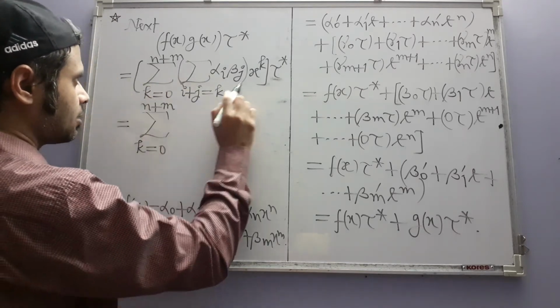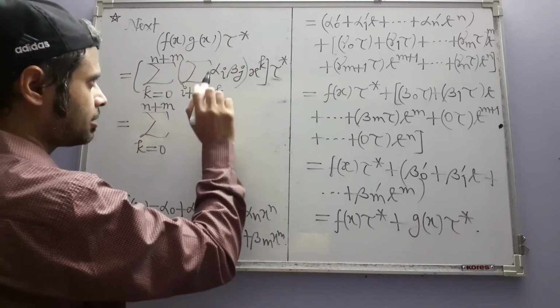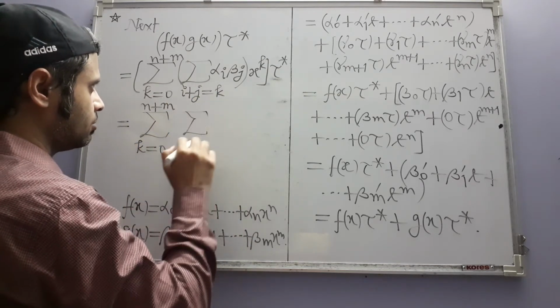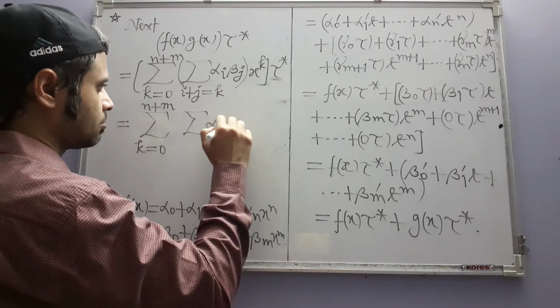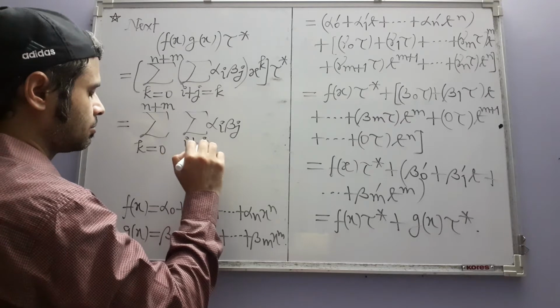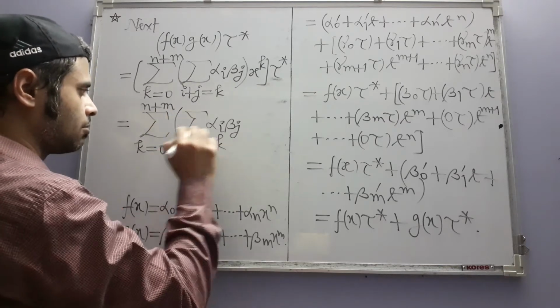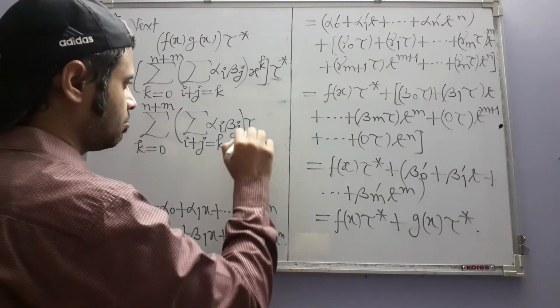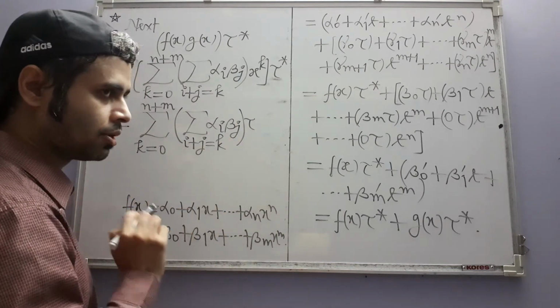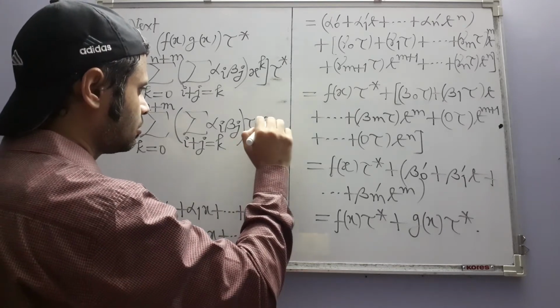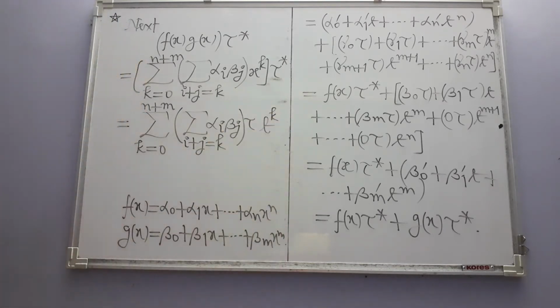In this inner sum, which is in fact the kth coefficient, we are going to apply our old function tau, and because now the polynomial is going to be a polynomial in the indeterminate t to the power k. Okay.